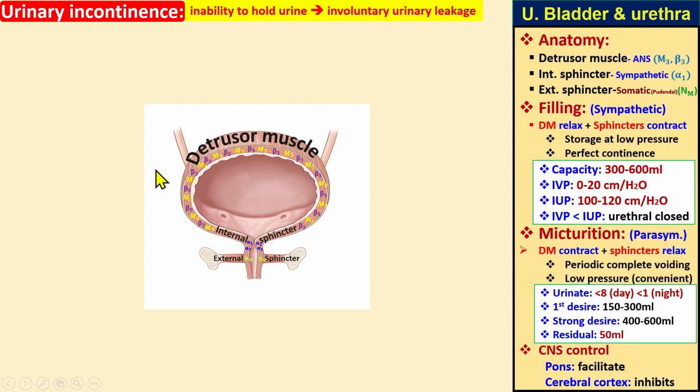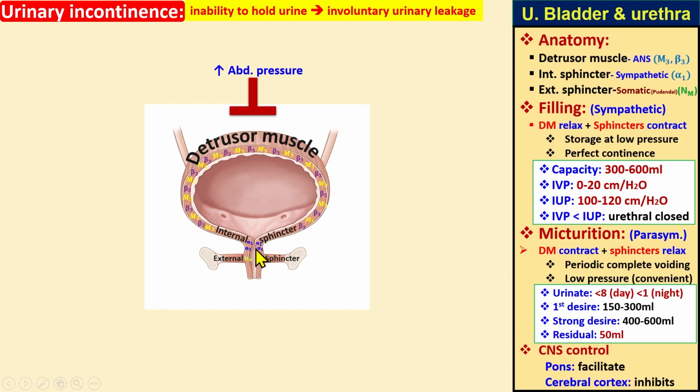Let's come to urinary incontinence. Number one condition is increased abdominal pressure, for example, due to exercise or cough. It puts pressure over the bladder as well as over the urethra. If the pelvic floor is normal, there is no problem, no leakage of urine. If the pelvic floor is not normal, meaning it's weak, what will happen?